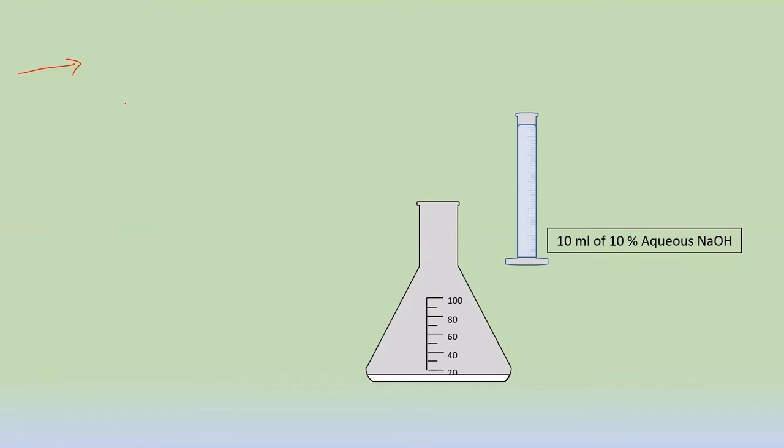This is alkaline hydrolysis of ester. So 1 ml of ethyl benzoate we have taken is already in the conical flask, and now we are going to take 10 ml of 10% aqueous NaOH. You can take it with the help of the measuring cylinder, or you can take approximately one test tube of 10% aqueous NaOH.